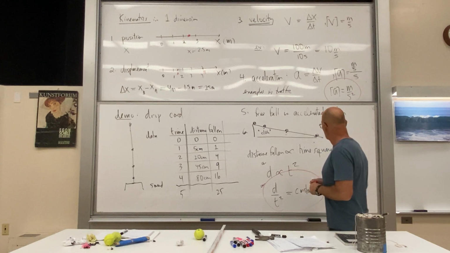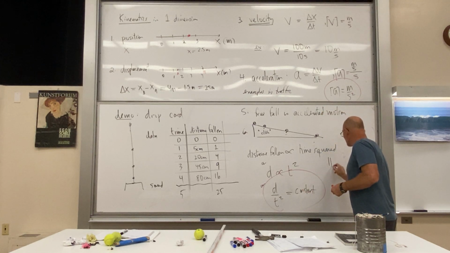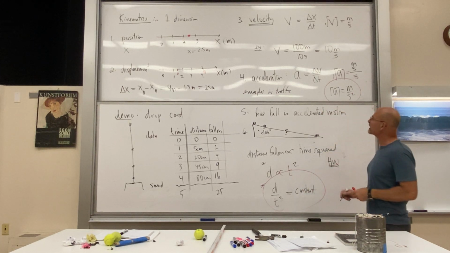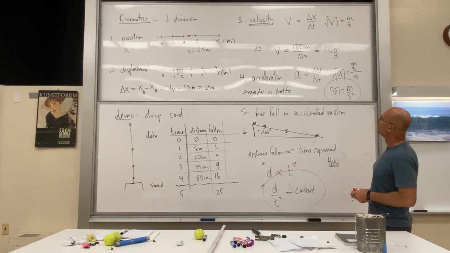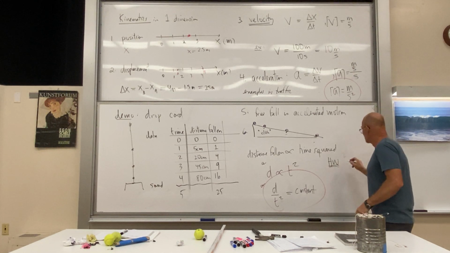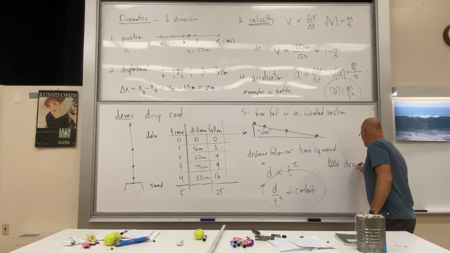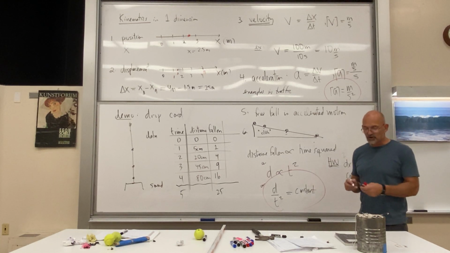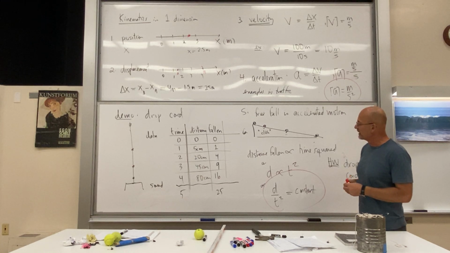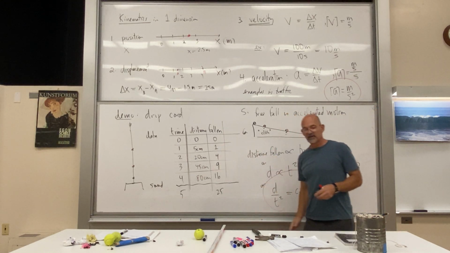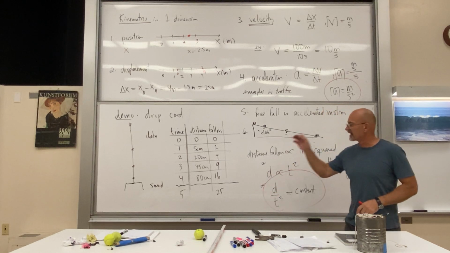So, as far as the homework goes, did I write down any homework yet for today? Drop chord. Go ahead and try to do a drop chord. You have these relations here. You drop it on a pan or something that'll make a nice ringing sound.